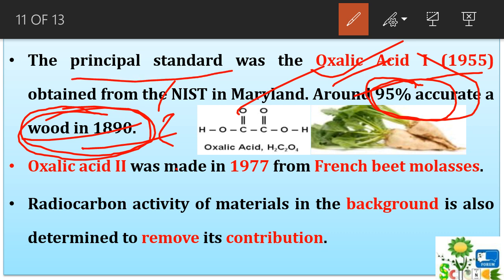When this oxalic acid was completely consumed, a second oxalic acid was made in 1977 from French wheat molasses.